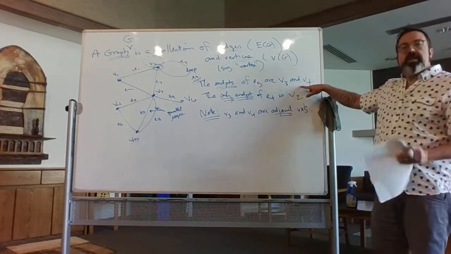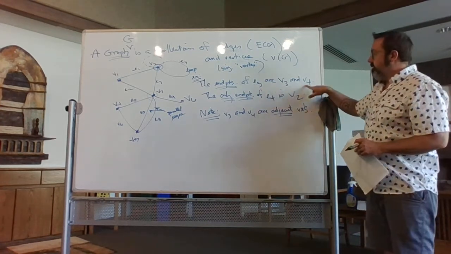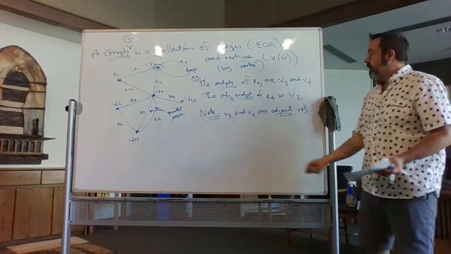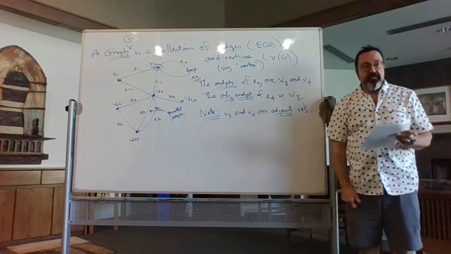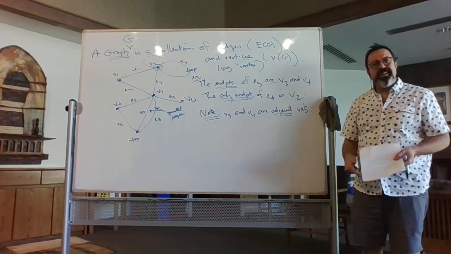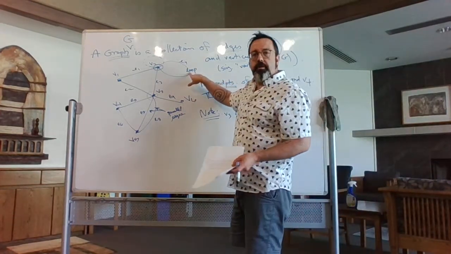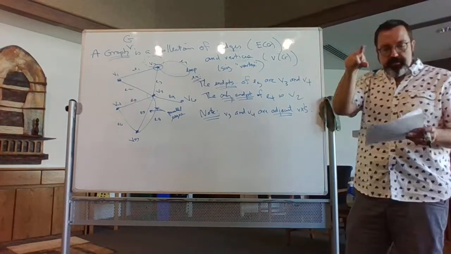And we saw that relationship reflected a different way when we said that the endpoints of E5 are V3 and V4. Another way of saying that sort of highlights the vertices rather than the edge is to say that V3 and V4 are adjacent because they share edge E5 in between them. A self-adjacent vertex is one lying at the end of a loop. So V2 is self-adjacent because it has a loop that goes back from V2 to itself.